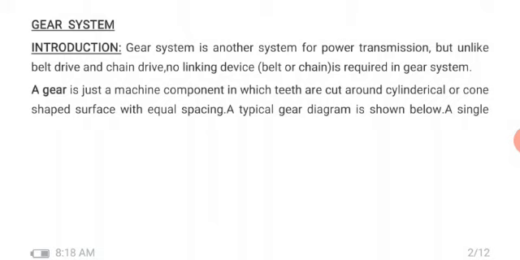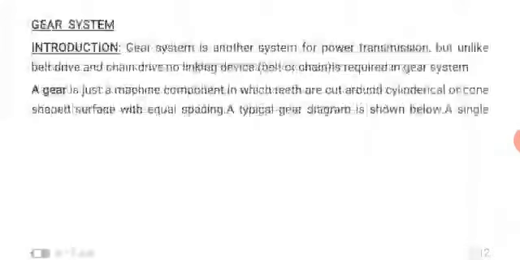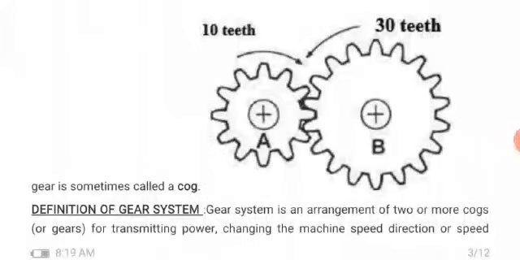Now, what do they call gear? A gear is just a machine component in which teeth are cut around a cylindrical or cone-shaped surface with equal spacing. A typical gear diagram is shown below. You can see the diagram of two gears.